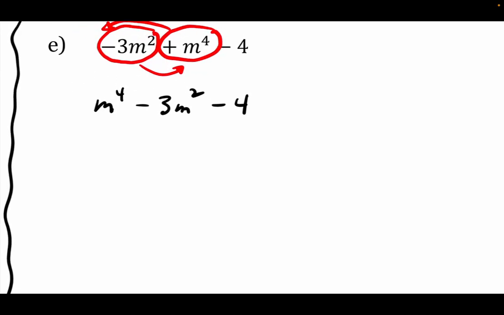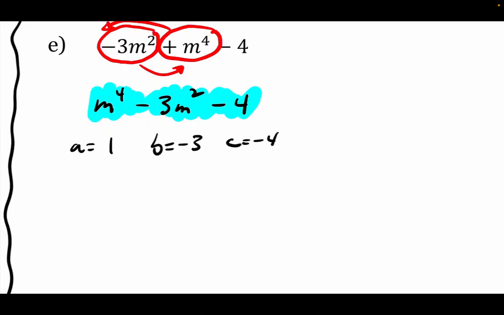Is there a GCF? No. Yeah, the first guy is positive, so we don't have to do a negative. And there's not a GCF besides 1. Okay, go to the next step. ABC. A is 1. B is -3. C is -4.